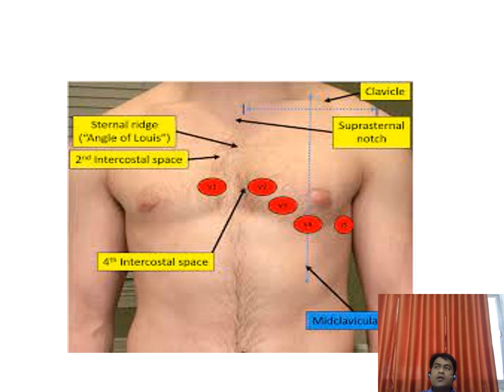By doing this combination, the potential obtained is 50% more than the non-augmented leads. So this is called the augmented lead. So you have the unipolar leads VR, VL, VF, and the augmented leads AVR, AVL, AVF.